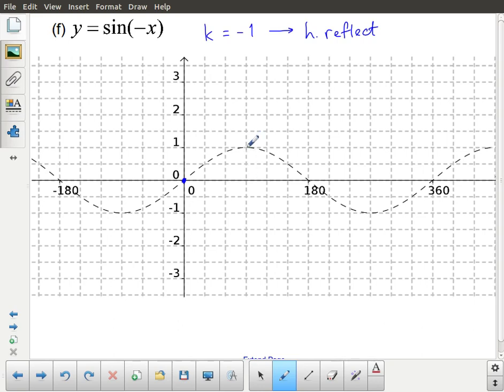Here, the point is 90 degrees, comma 0. The y-coordinate's unchanged, but the x-coordinate has flipped to negative 90. I'm so obsessed, I can't get 0 out of my head even when I'm actually locating it at 1. Okay, so I have a reflection there to negative 90, comma 1.